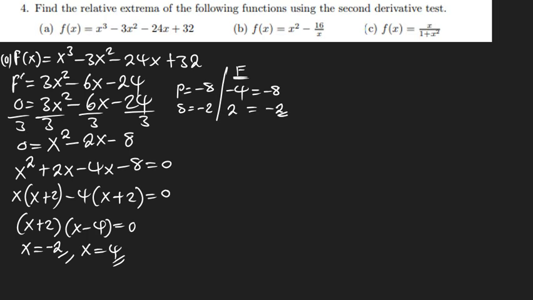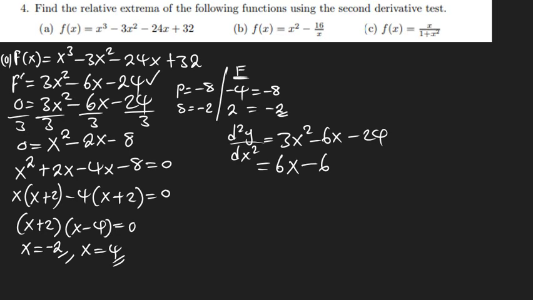Now, for d squared y over dx squared, we take the first derivative and find dy dx again. This is going to give you 6x minus 6.